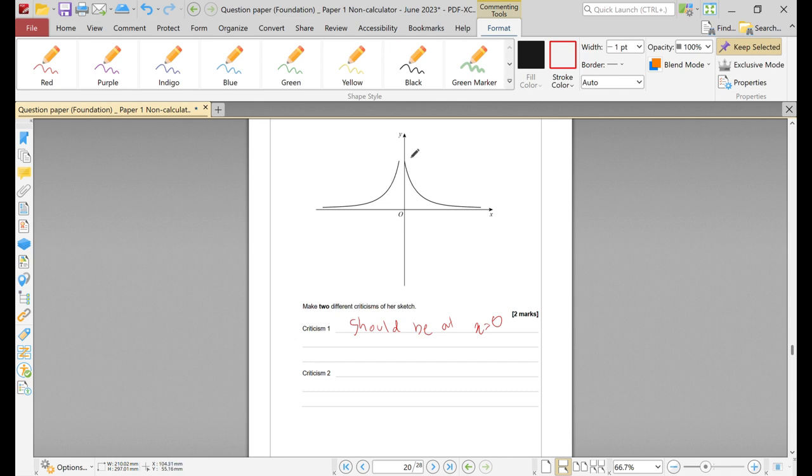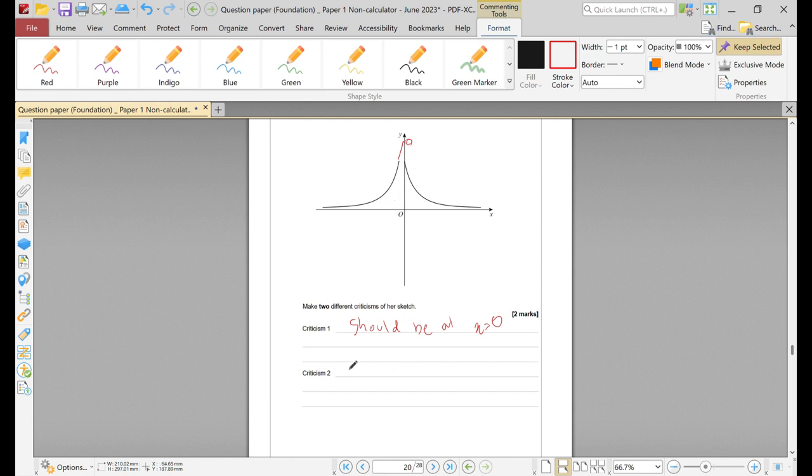Also, this should be symmetrical. So I'm going to say the negative x values aren't correct. That's not correct, but neither is that. It should also continue, just not for x equals 0.